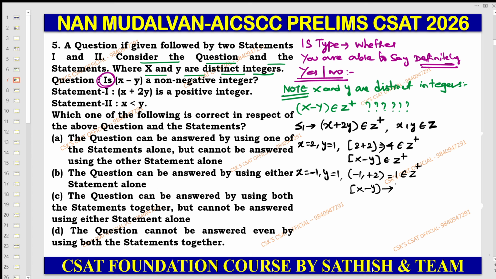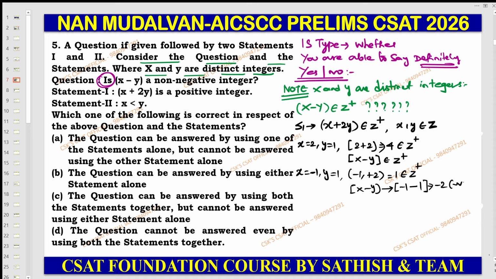Minus 1 minus 1, which is nothing but minus 2, negative.